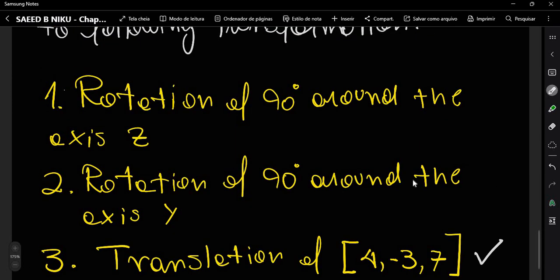Now the rotation of 90 degrees around the axis z and the rotation of 90 degrees around the axis y.